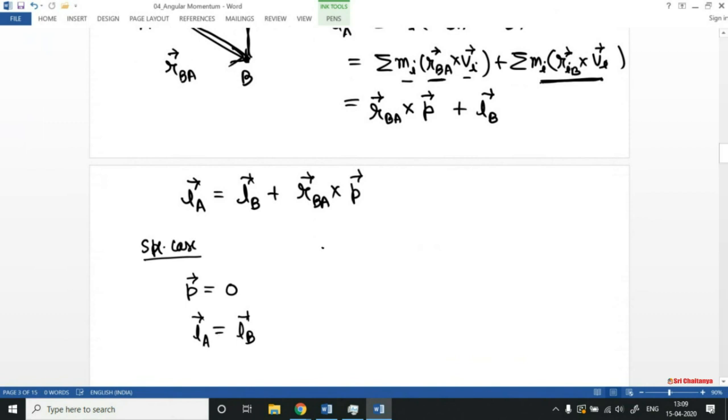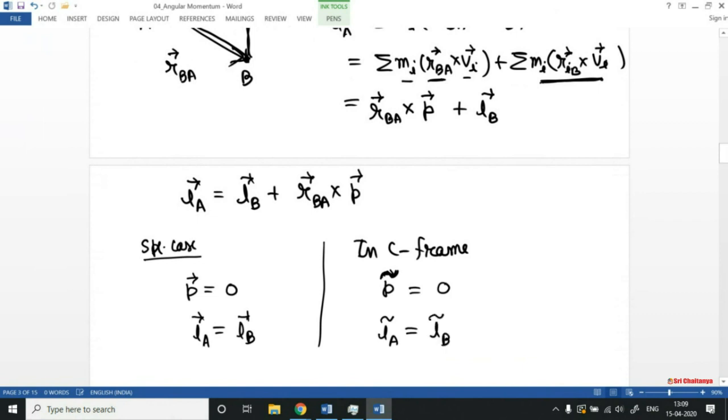So you might remember that in C frame what we always used to have is that the linear momentum of the system, in C frame we use the symbol tilde, remember? So p tilde is always equal to 0. So in C frame LA will be equal to LB.